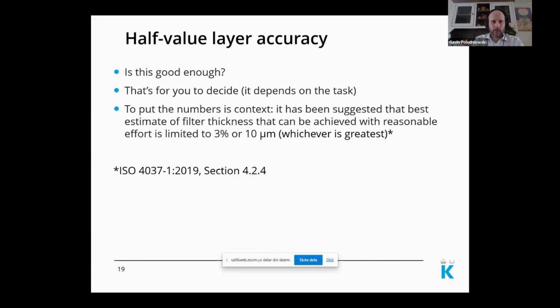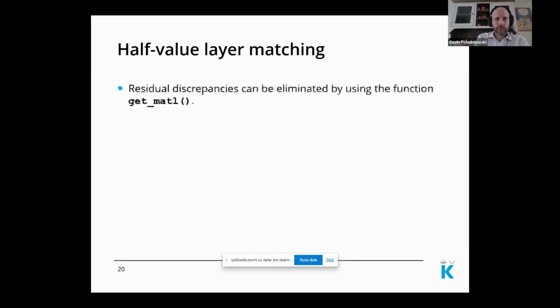So whether you agree with that number or not, it illustrates the point that whatever method you use, whether you're using the traditional dosimetry for measuring HVLs, or whether you're determining an experimental spectra in the way Joonas was discussing, and then calculating the HVL, or whether you're using something like SpecPy, there are uncertainties involved. You have to decide whether it's good enough for the task.